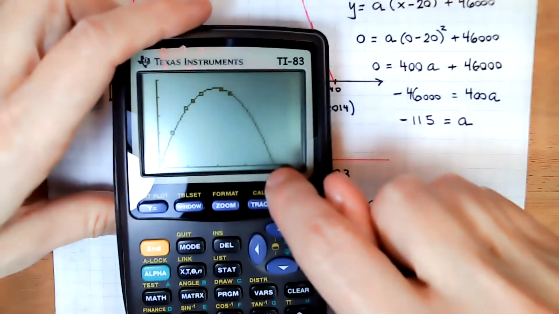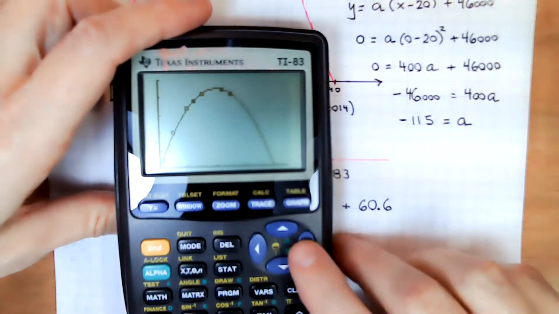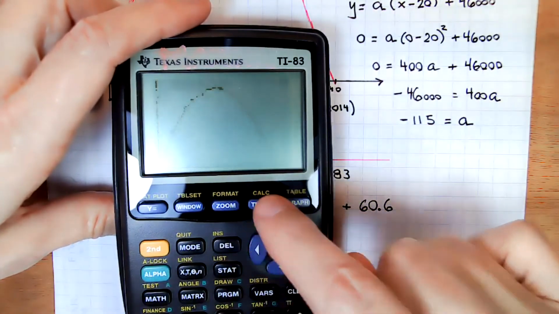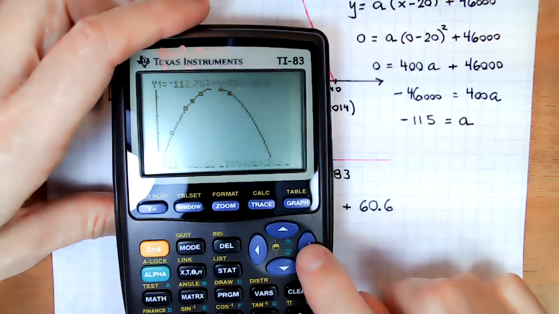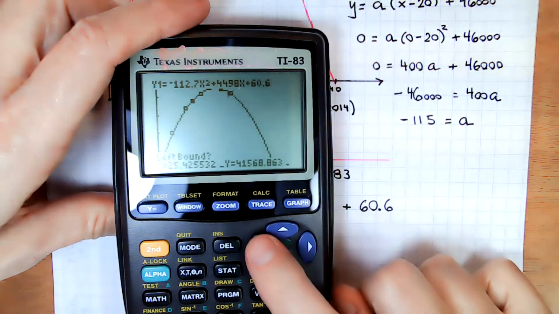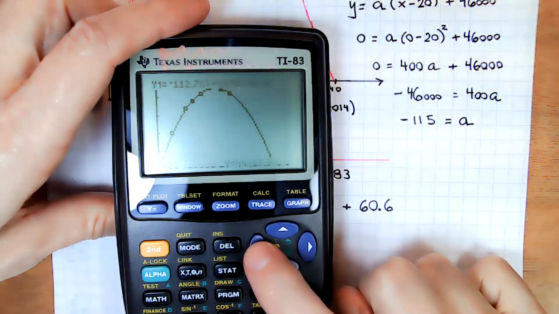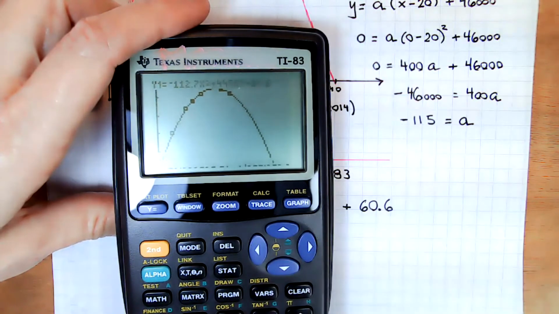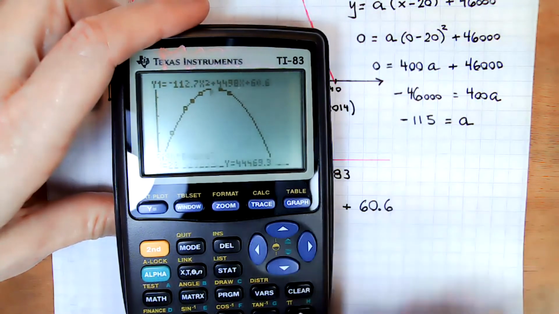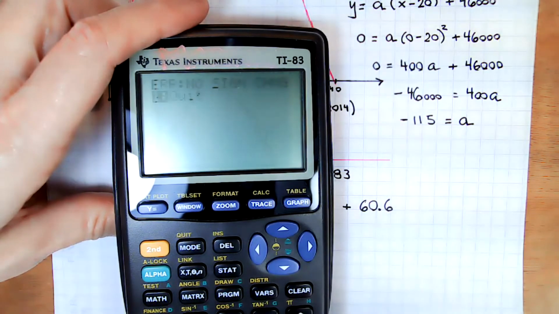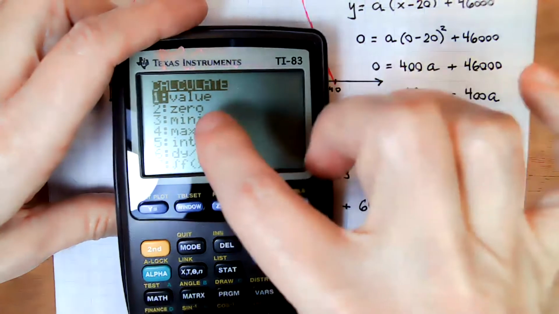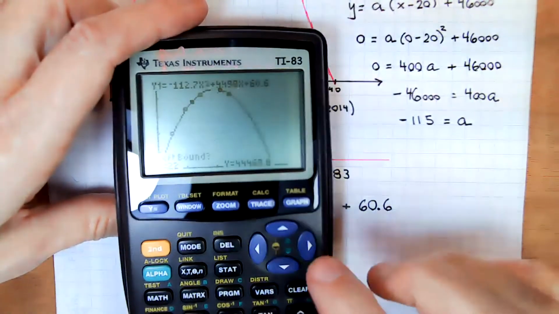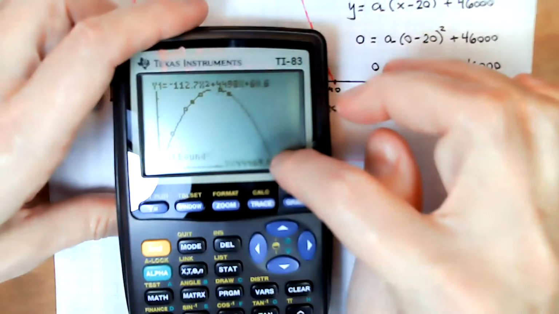And you can use that to predict when the sales will be 0. So you can just hit number 2, zero. It asks you for a left bound and a right bound. All right, so let's go back. Let's find our zero. If you want to go to the left of the zero, we're going to be way over here.